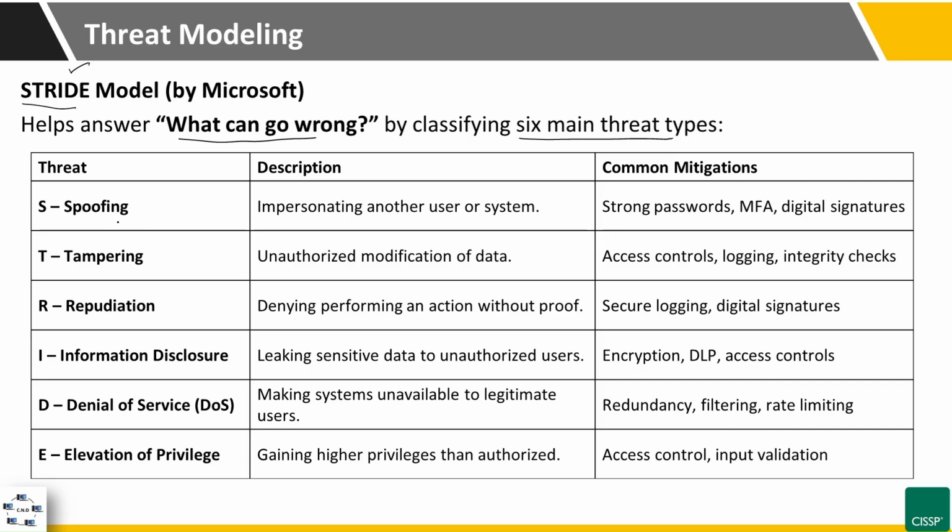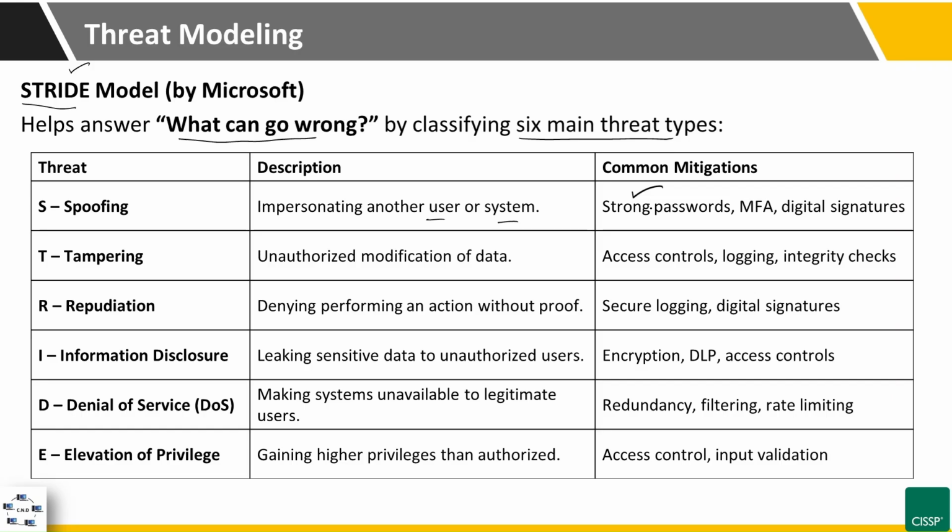The first one is spoofing. Spoofing means impersonating another user or system. What are some mitigations against spoofing? The first one is a strong password. If your password is weak, someone may steal your password and then log into the system pretending to be you.